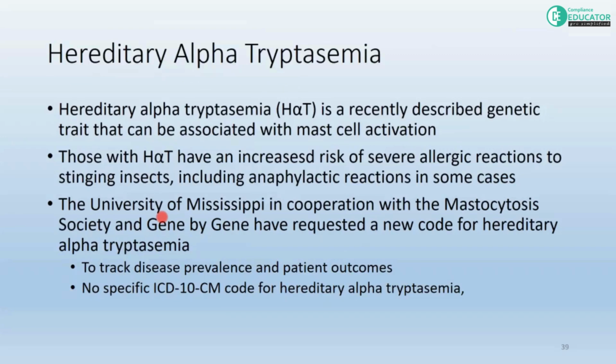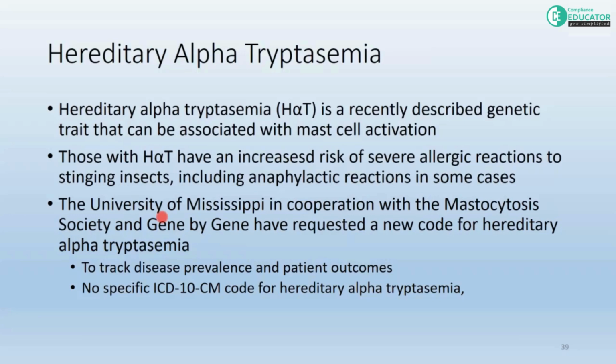Okay, hereditary alpha tryptophanemia. As I said, I struggle with some of these words. It's a recently described genetic trait. It can be associated with some things. We had some information from one of the universities. They wanted to track things. There wasn't a specific code.